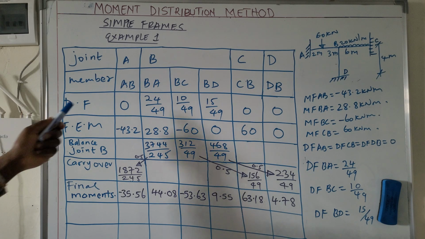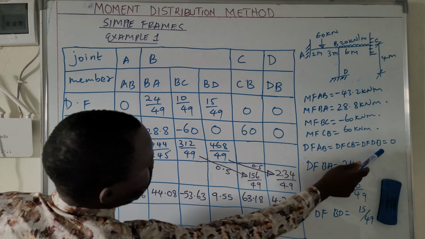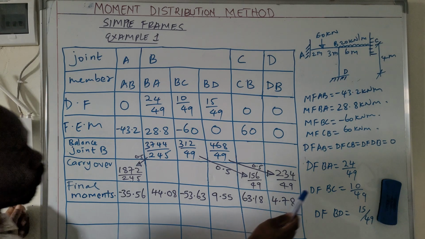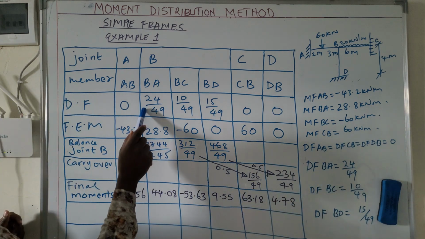For example, for member AB, our distribution factor is 0. You put 0 here. We proceed to member BA. You take what you have here and bring it here.